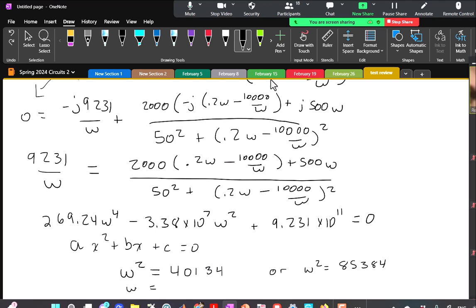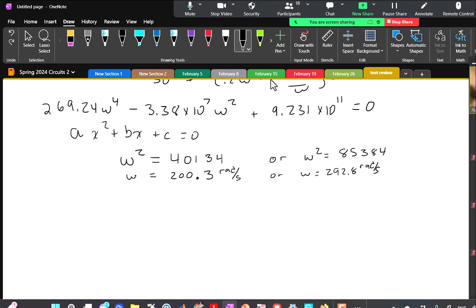Take the square root of both sides. Omega equals 200.3 radians per second, or omega equals 292.8 radians per second. So both of those are answers. You can't have a negative frequency, but those are both good positive frequencies. These are angular frequencies.